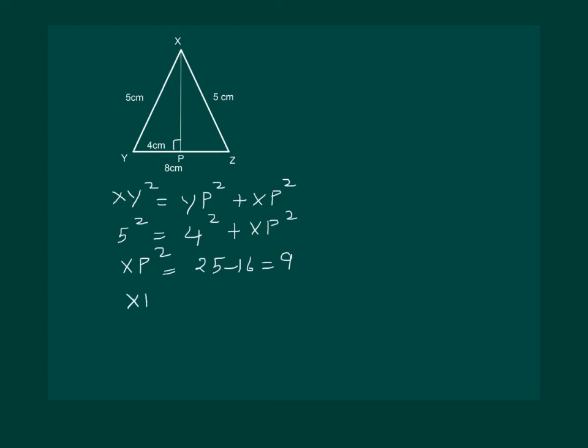So XP equal to under root of 9, that is equal to 3 centimeters. So we have the height of the isosceles triangle, and now we can calculate the area. Half into base into height will give us the area of the isosceles triangle.